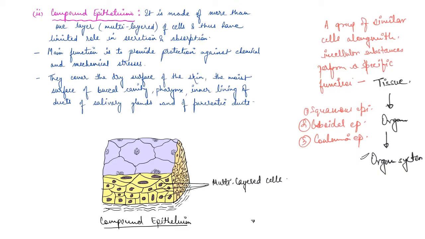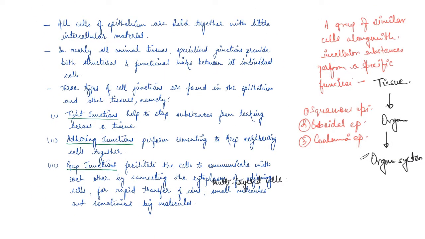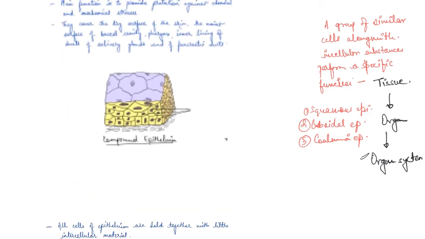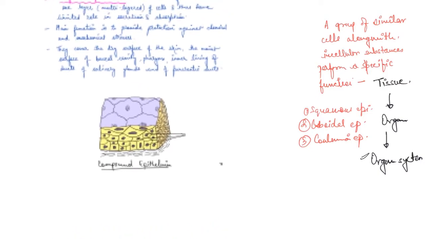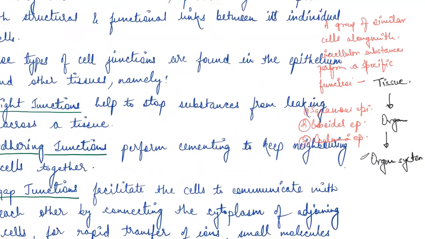Now, all cells in epithelium will be held by something, right? They cannot be present loose, floating in the body. So all cells of epithelium are held together with little intercellular material. Now, what are these intercellular materials?